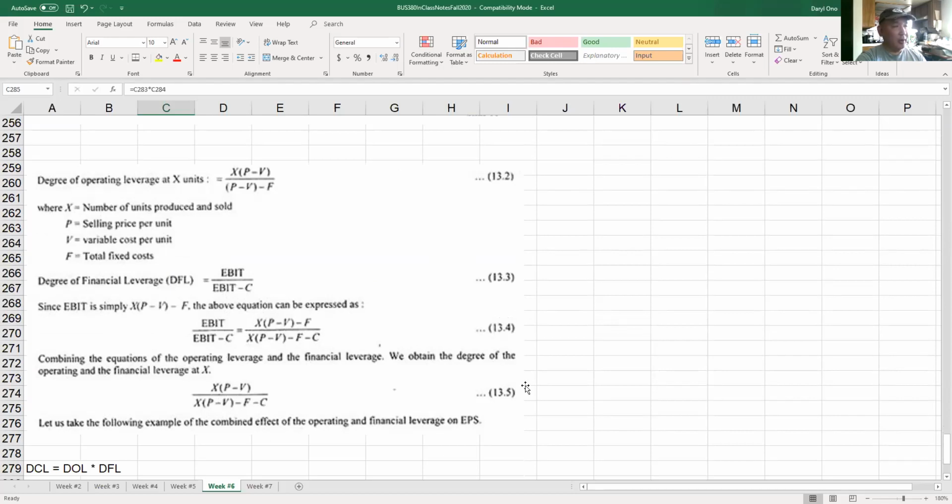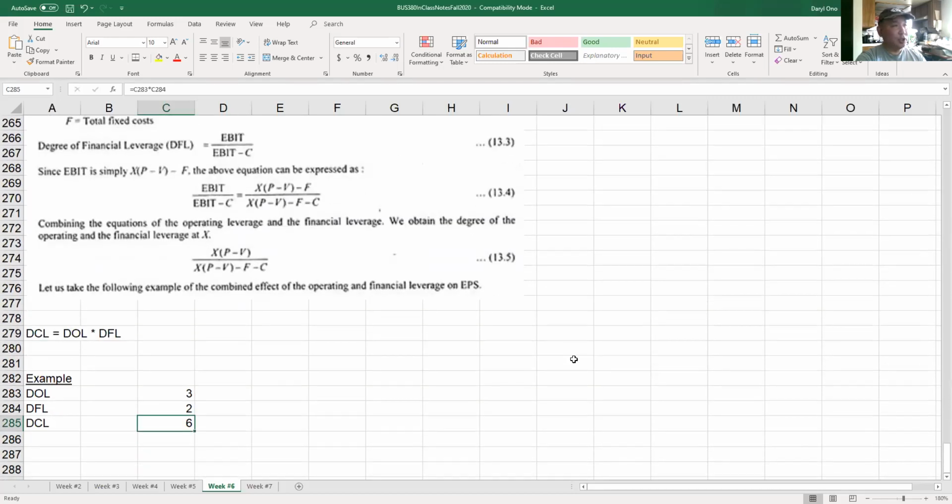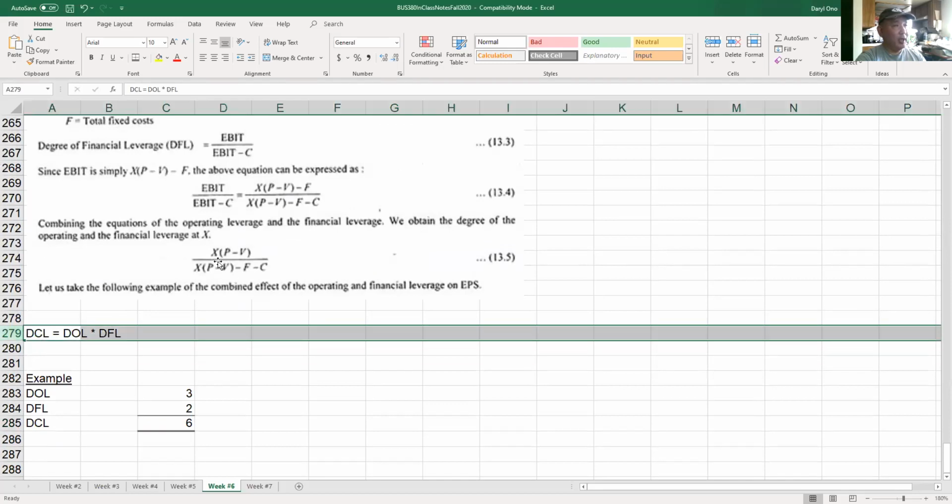So for our combined leverage, you have 2 formulas, this one and this one. So when you're doing the leverage ratios, there are a lot of formulas that you need to be familiar with. When you come across these problems in your homework and on the test, you have to be able to identify fairly quickly the appropriate formula based off the information provided to you.